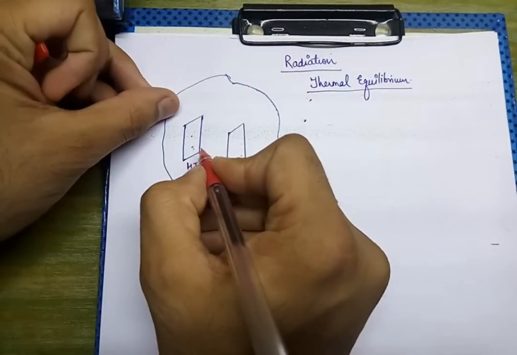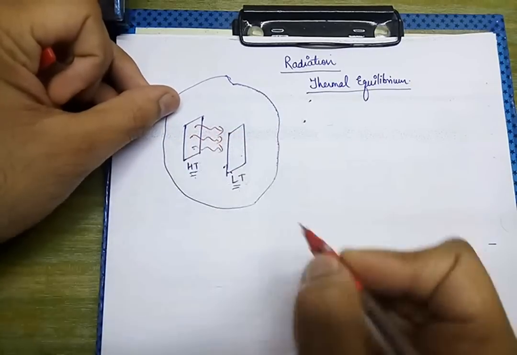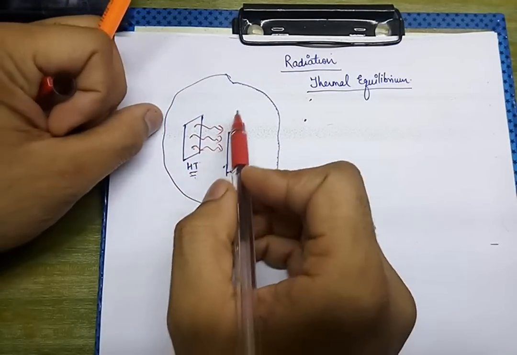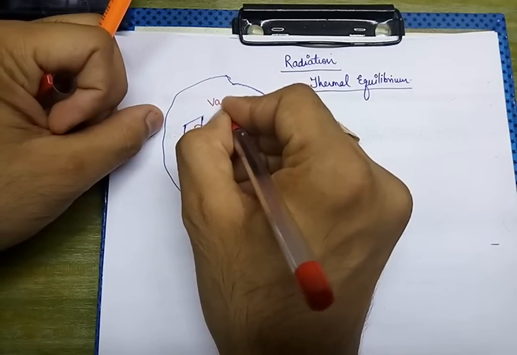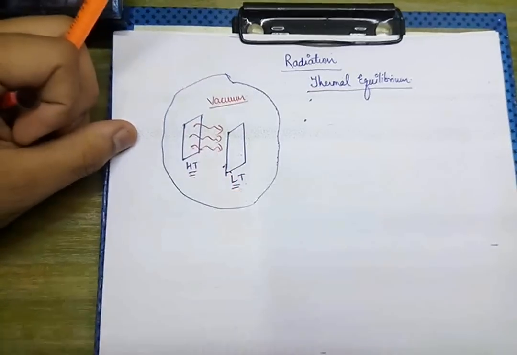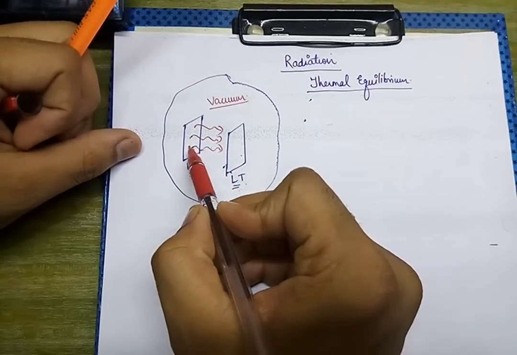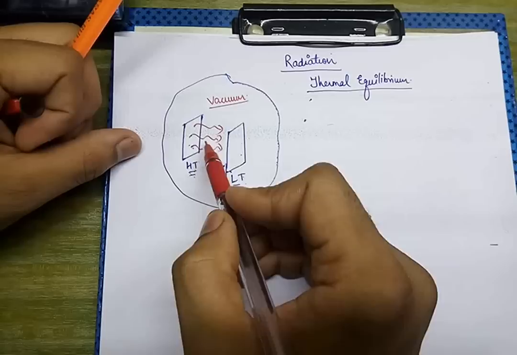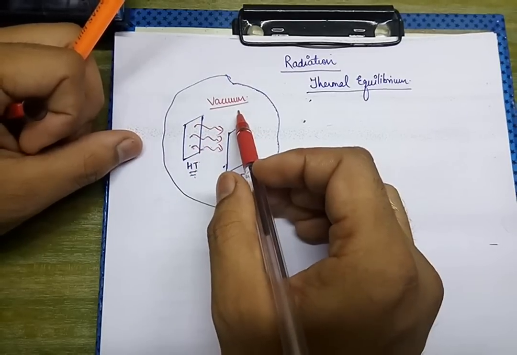So some energy must have left the high temperature plate and gone to the low temperature plate, such that this energy has travelled through vacuum, because this was our vacuum. This is the evacuated chamber. Okay. So it confirms that some amount of energy must have been exchanged between the high temperature plate and the low temperature plate, even in the absence of any matter, that is in the presence of vacuum.